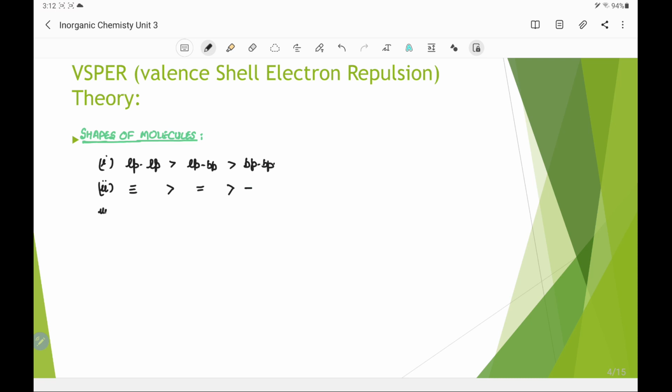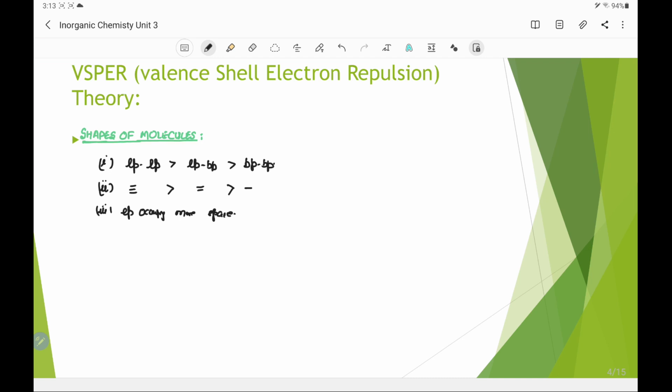Third point is that a lone pair occupies more space in space, because a lone pair is attached to the single central atom while the bond pair is shared between the two atoms or nuclei. Also, the presence of a lone pair on the central atom causes slight distortion of bond angle from the ideal shape.